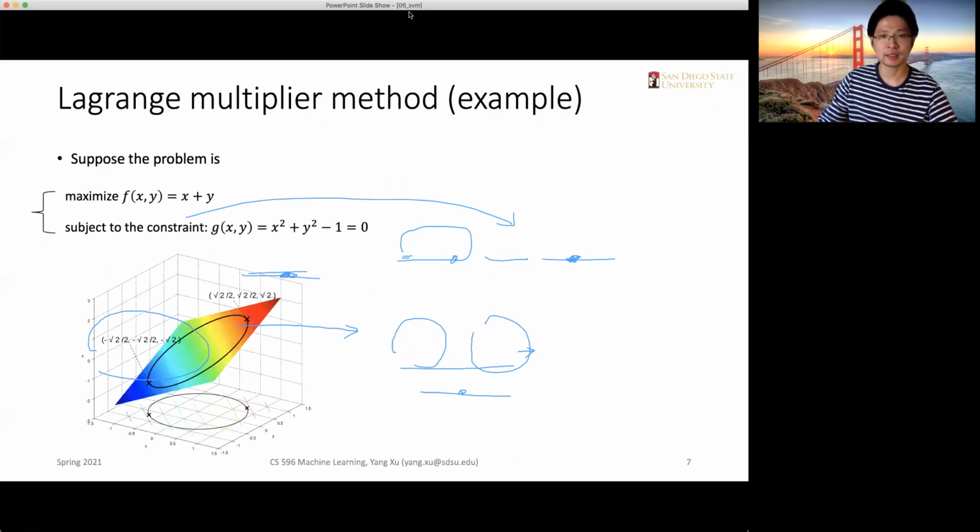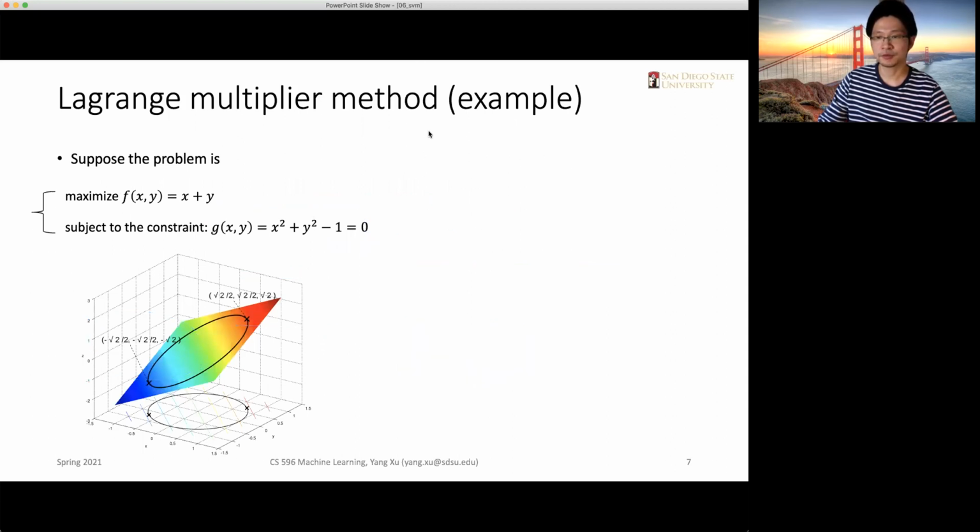All right, so let's look at a concrete example. Again, this is a 3D space. x is here, y is along this, and z is the third dimension. We are observing a function f, a linear function defined on top of x and y. We want to maximize along this linear plane.